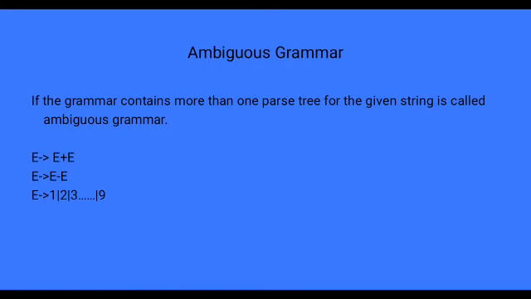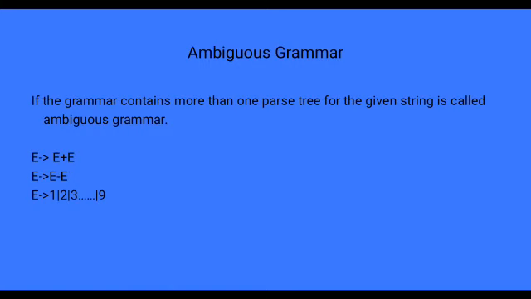You all know what is ambiguous grammar. If the grammar contains more than one parse tree for the given string, it is called an ambiguous grammar. That means you take this example and draw one parse tree for the expression E tends to E plus E, and draw another parse tree by taking the expression E tends to E minus E. You will get 2 parse trees, 2 different results.